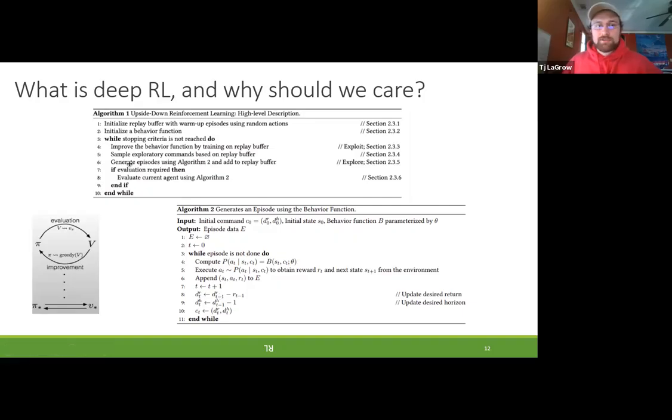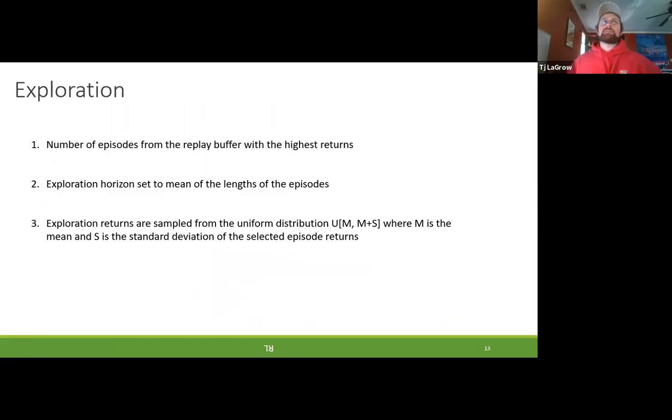For the explanation of the design choices on how to rank this replay buffer, they take the number of episodes from the replay buffer that have the highest returns. So they rank order all of the best returned actions, and the exploration horizon is set to the mean of the lengths of the episodes. This was a specific design choice to help with computation and make it as simple as possible in terms of heuristic value as they were trying to decide what choices to make.